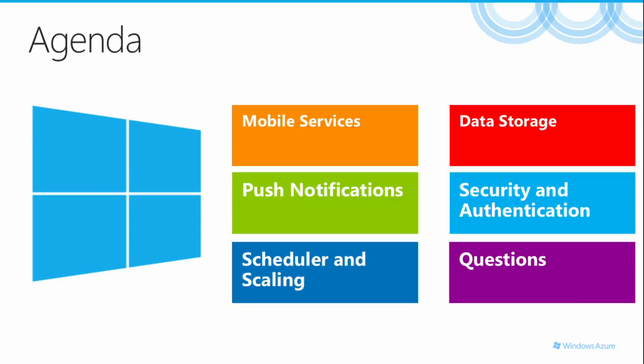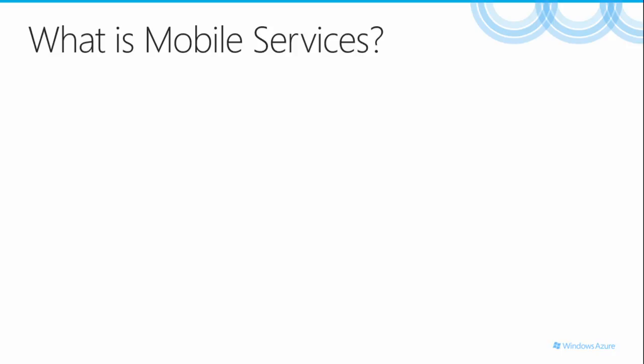All right. So that's the agenda: data, push, scheduler, scaling, and auth. So what is mobile services? Mobile services is a turnkey backend solution that we provide within Windows Azure for your mobile applications.